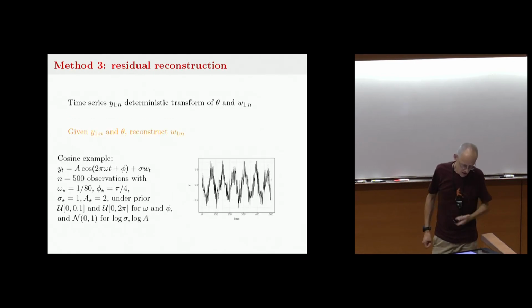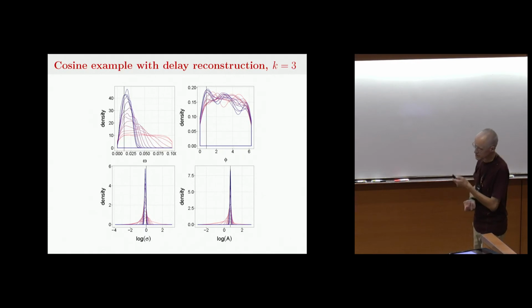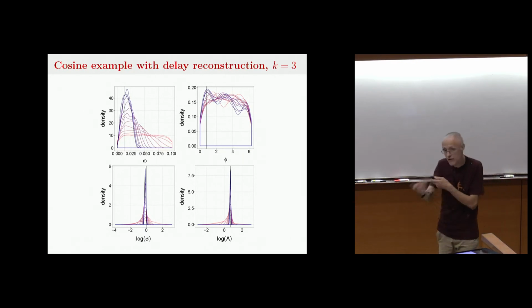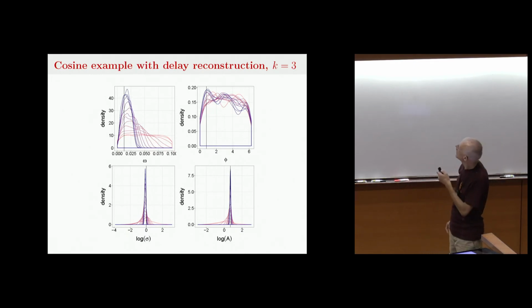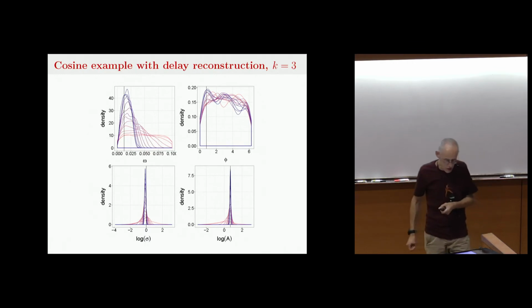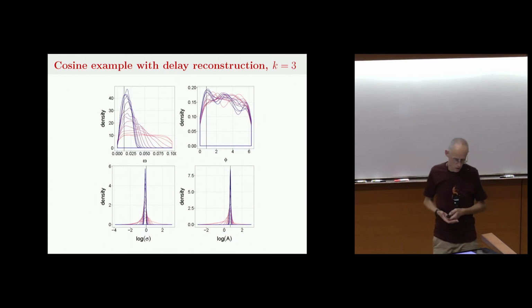And so in this example, for instance, we do manage to reconstruct the white noise behind the data and look at the distance between the two white noises, or directly the fact that this reconstructed white noise has the right distribution. So we just need one sample. And as the number of simulations grows, we do get a concentration around the true value of the parameter. But of course, that doesn't work for all situations.